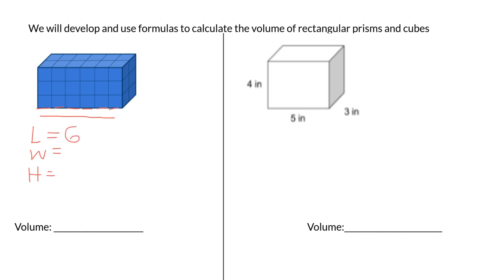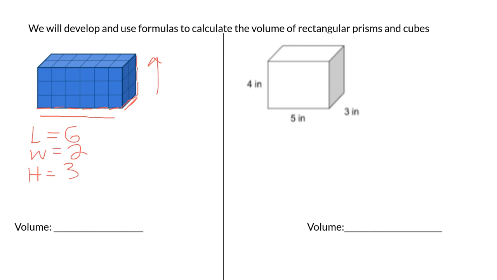I found that length by counting the sides of the bottom of this rectangular prism, which is the length. And then right here, I'm going to use as my width. And I see 1, 2. And then lastly, my height, which is how tall this rectangular prism is, or you can think of this as how many layers. 1, 2, 3 unit cubes.